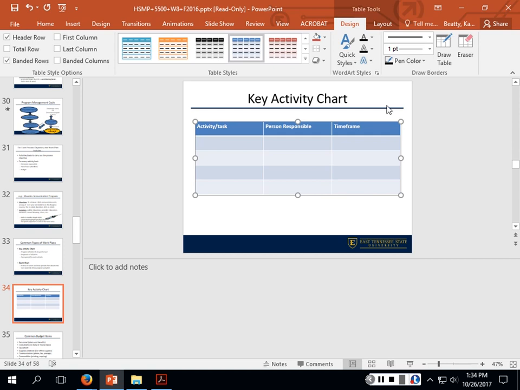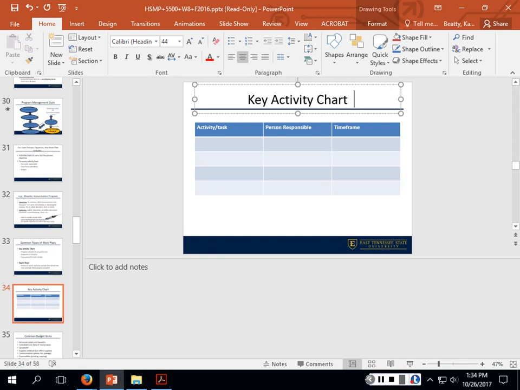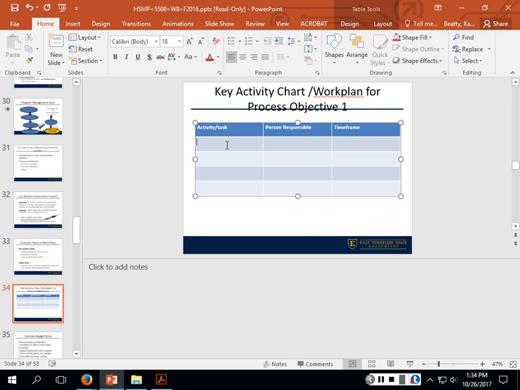Okay, and you will do this for each of the 2 process objectives. So you will have a work plan for process objective 1, and you will have another work plan for process objective 2.